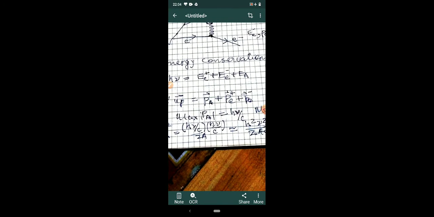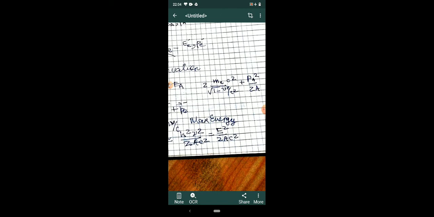It is P_A square upon 2A, where A is the atomic mass. Now the maximum momentum P_A is h nu by c. So P square means h nu by c times h nu by c upon 2A, and it will give me h square nu square upon 2A c square, where c is the velocity of light. So the estimate for the kinetic energy or recoil energy of the nucleus is E square upon 2Ac square, right?